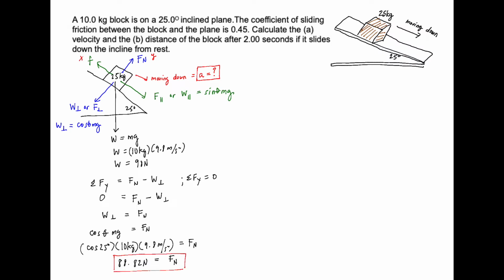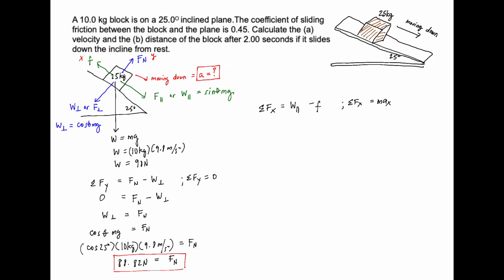Next, let's look at the summation of Fx. The summation of Fx would be the weight parallel minus the friction. Since the block is moving down, this is not equal to 0, but rather the summation of Fx is equal to mass multiplied by the acceleration in the x direction.